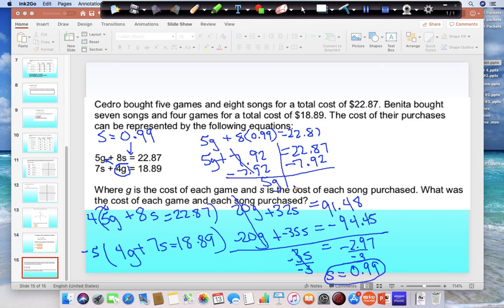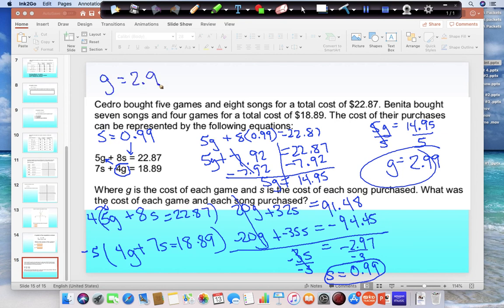We're left with 5G on our left, and 22.87 minus 7.92 gives us 14.95. So now we have 5G equals 14.95, and I'm going to divide both sides by 5 to get G by itself. G is equal to 14.95 divided by 5, which gives us 2.99, or 2 and 99 hundredths. Okay, so S is 0.99 and G is equal to 2 and 99 hundredths.